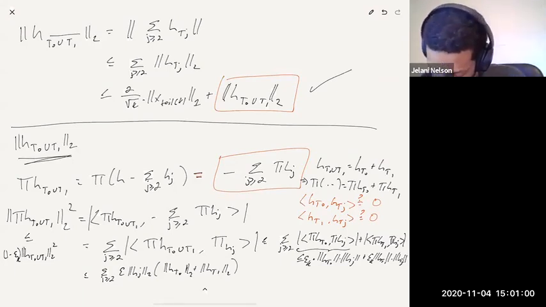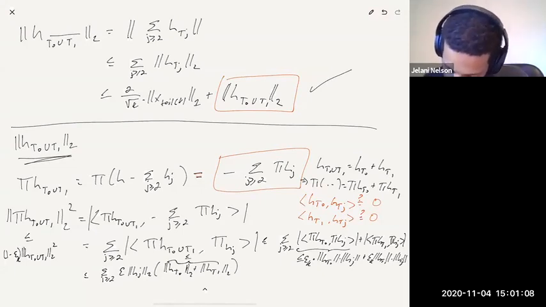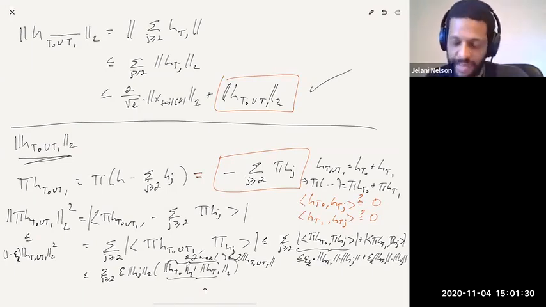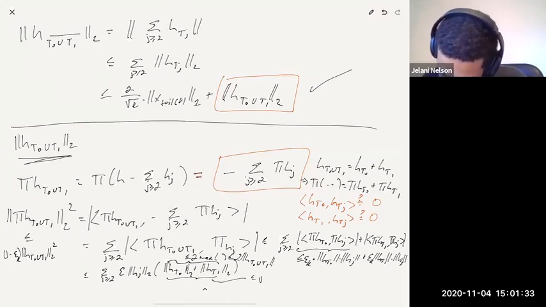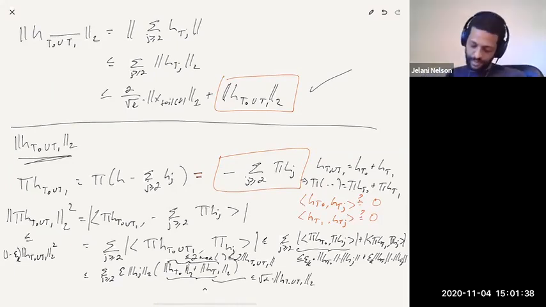So this is at most twice the max of the two norms, which is at most twice the norm of the union T0 union T1. But you can show that, in fact, maybe I'm running out of time here, this thing is at most square root 2 times the norm of ht0 union T1. This is square root 2.